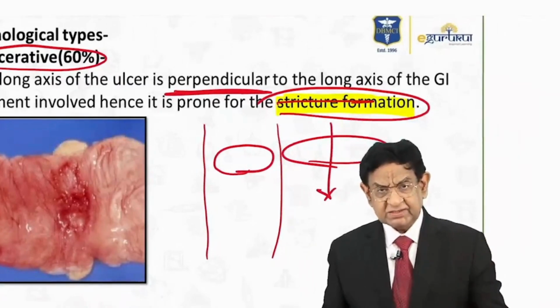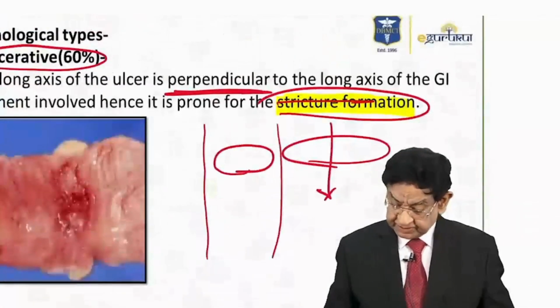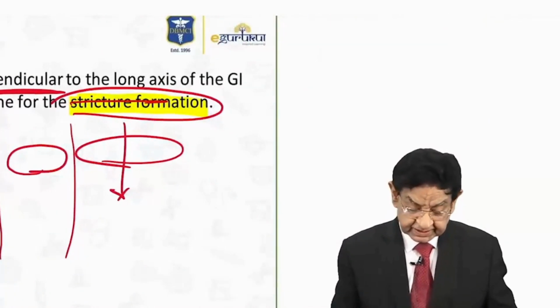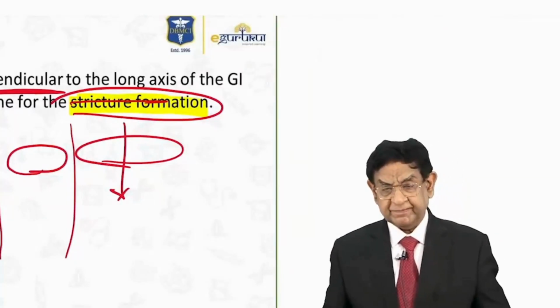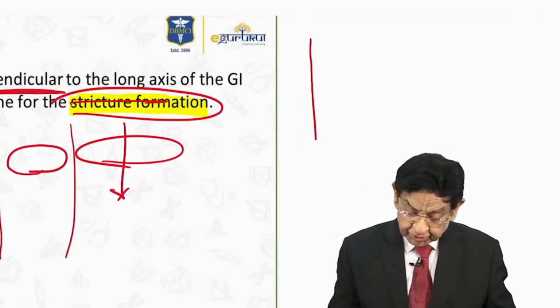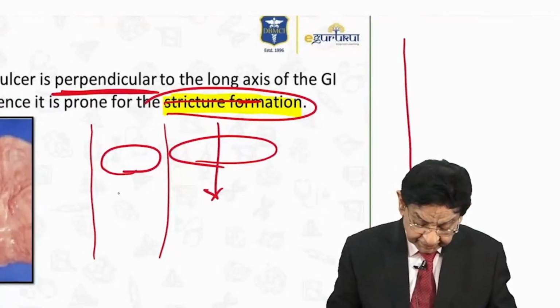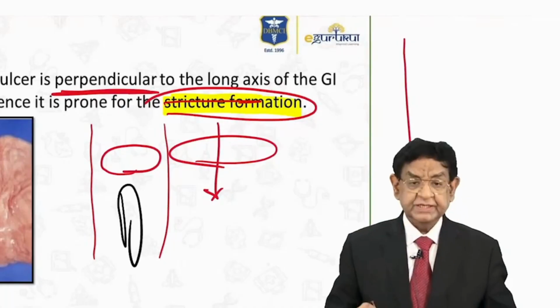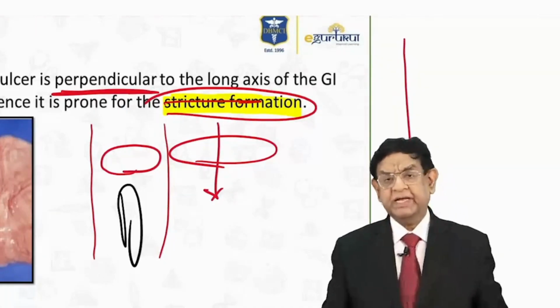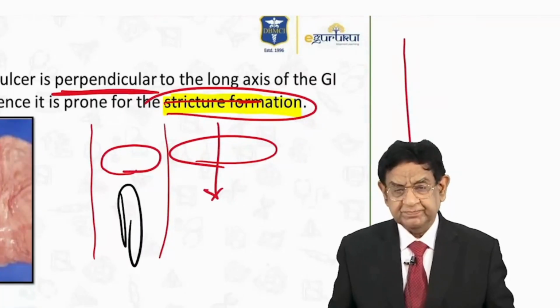Invariably, when they ask this question, a related question is about typhoid. In typhoid, we get longitudinal ulcers. They are parallel to the long axis of the small intestine.